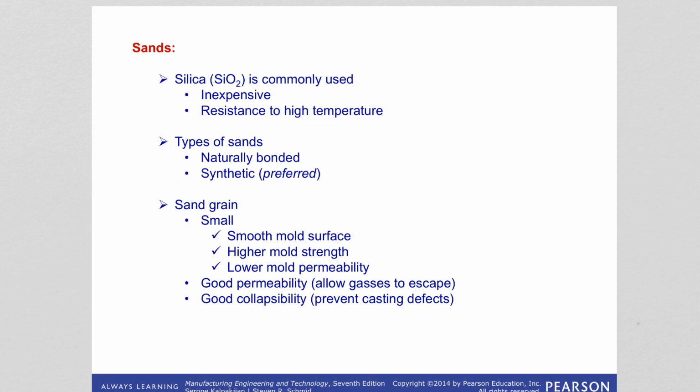There are two general types of sand: one is naturally bonded and the other is synthetic. The synthetic one is the preferred one in foundries, because you can control the composition of the sand, therefore control the process and the final microstructure of the cast metal.